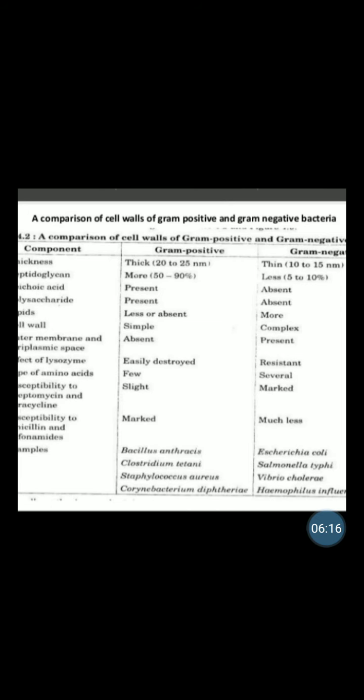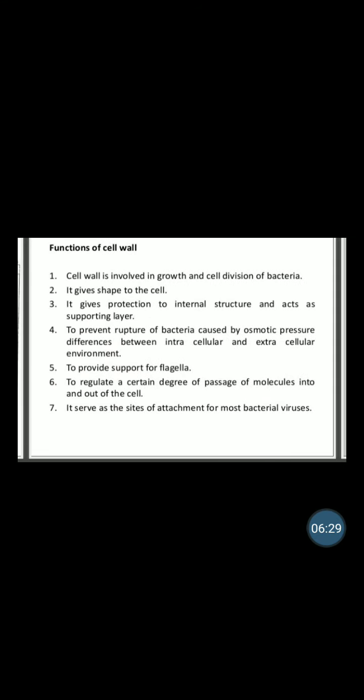Examples of gram-negative bacteria: E. coli, that is Escherichia coli, Salmonella typhi, Vibrio cholerae, and Haemophilus influenzae. These are examples of gram-positive and gram-negative bacteria, and this is the difference between the cell wall of gram-positive bacteria and the cell wall of gram-negative bacteria.